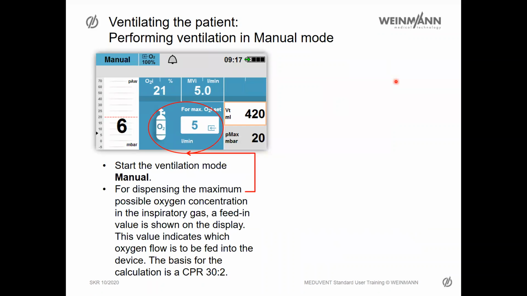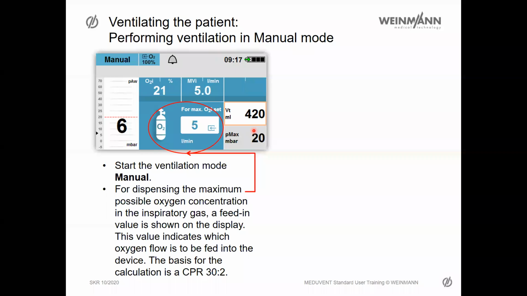When you're performing ventilation in manual mode, you have another kind of using the oxygen inlet, because we don't know which frequency the customer uses. We give them information which flow he has to put on the oxygen source, so that the MEDUVENT standard makes 100% ventilation with each stroke of this volume.